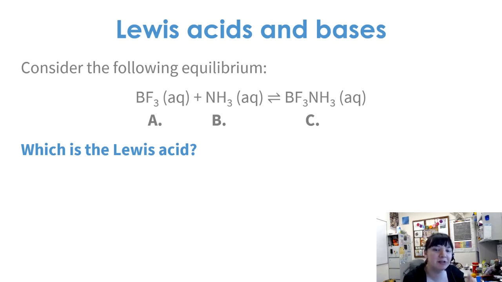Now the difference between these two structures is how many electrons we need overall in the molecule and how many electrons are favored by different atoms. So for instance, in BF3, there should be a total of 24 valence electrons on that entire structure.